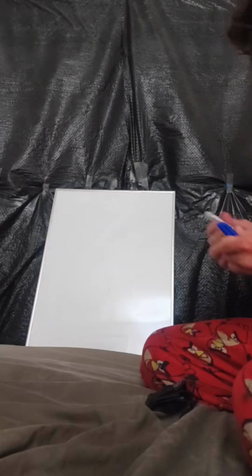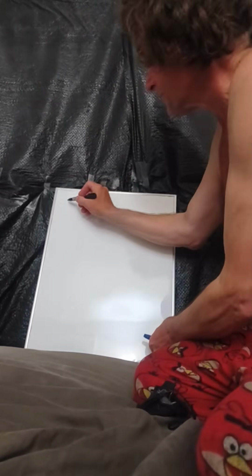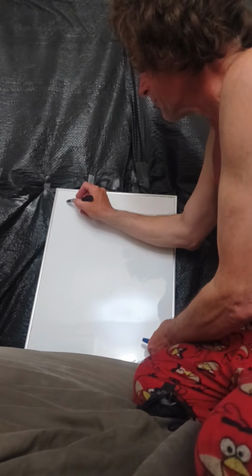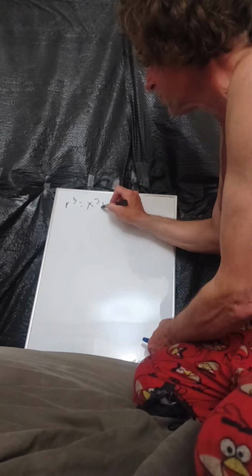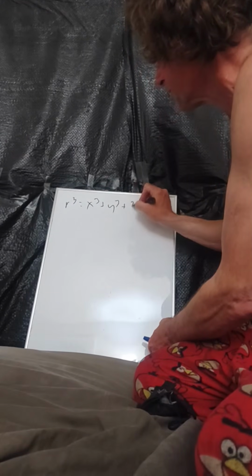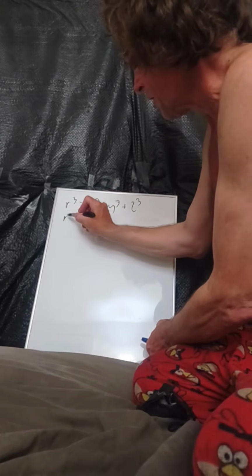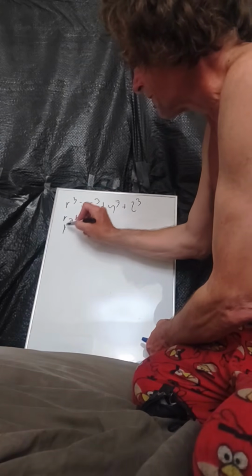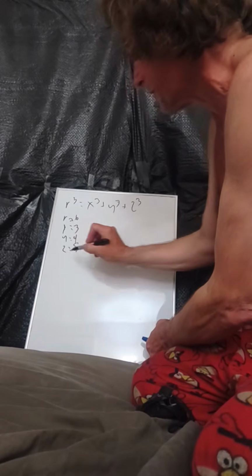So there's that. Weismann's formula is: if r cubed equals x cubed plus y cubed plus z cubed, that works for r equals 6, x equals 3, y equals 4, and z equals 5.